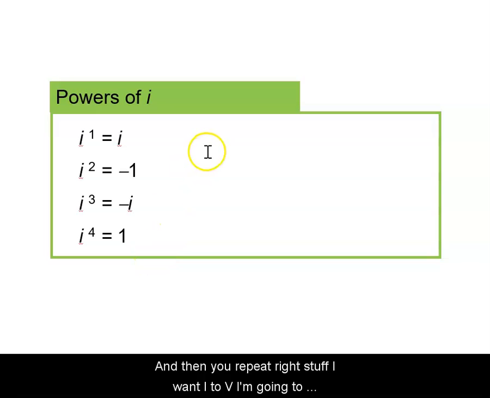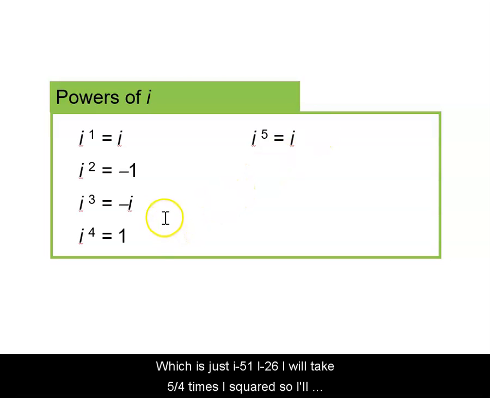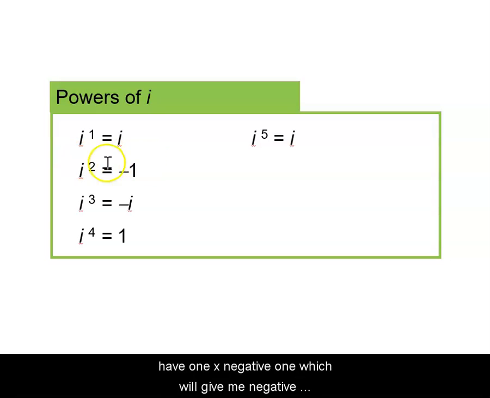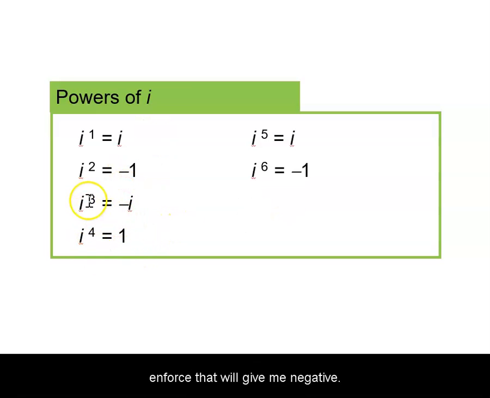So if I want i to the fifth, I'm going to get i to the fourth times i to the 1. So I will have 1 times i, okay, which is just i. If I want i to the sixth, I will take i fourth times i squared. So I'll have 1 times negative 1, which will give me negative 1. If I want i to the seventh, I'll multiply these two together because I have the power of 3 and 4.